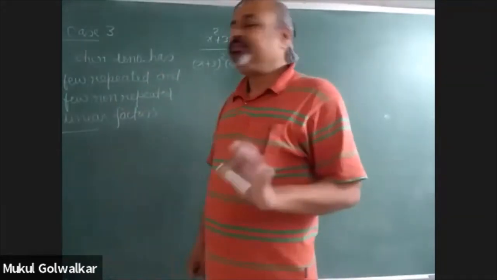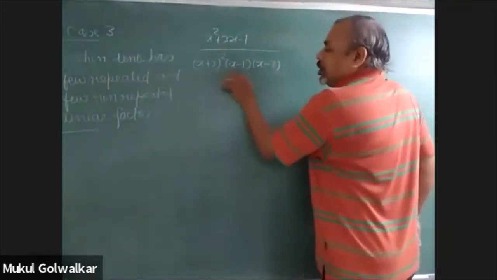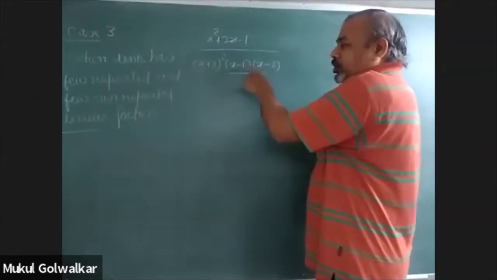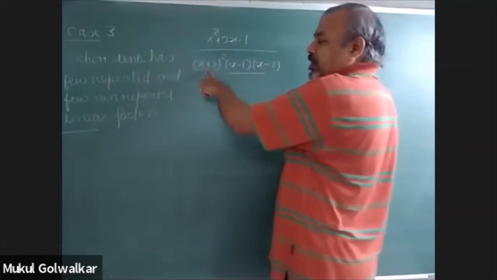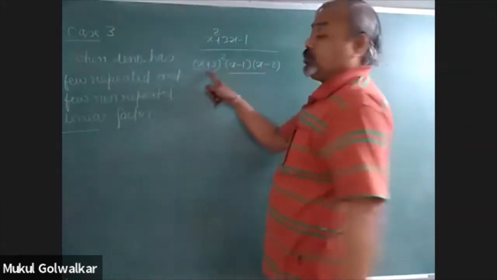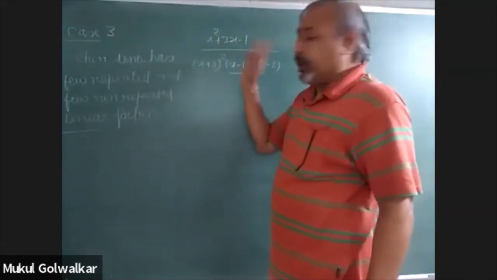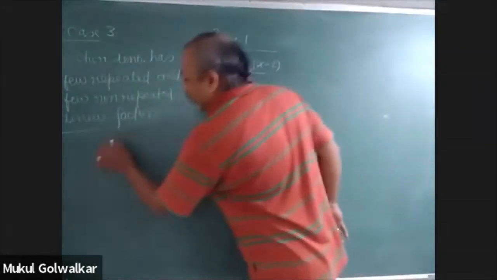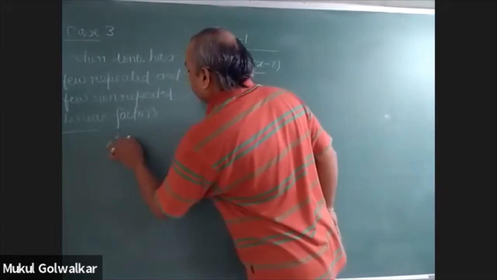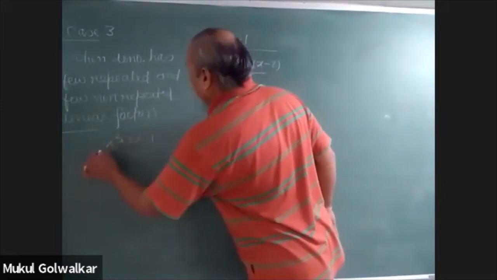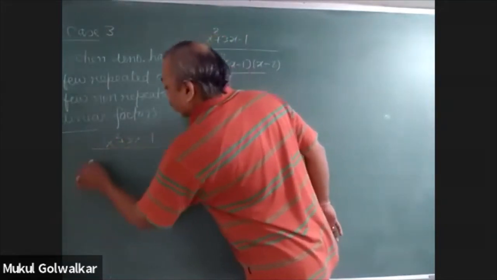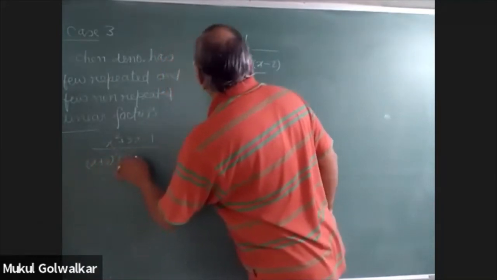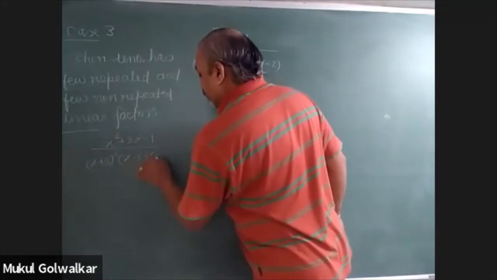What we will do, we will apply the concept of non-repeated linear factors for these, and we shall apply the concept of repeated linear factor for the factor (x plus 3) whole square. So splitting this, we shall have (x square plus 3x minus 1) divided by (x plus 3) whole square into (x minus 1) into (x minus 2).